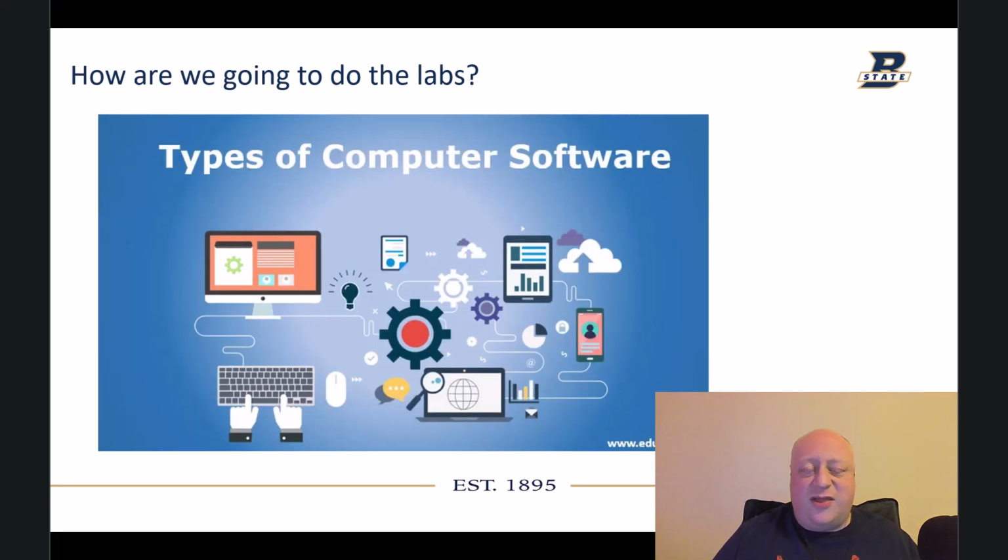Okay, so how are we going to do the labs? The types of software that we're going to be using, because this is going to be a fairly software-heavy lab, particularly the second half or so of the course, where we're going to be using a lot of ACPS. Remember, like we tried out in underground, right? We'll be using other software as well.